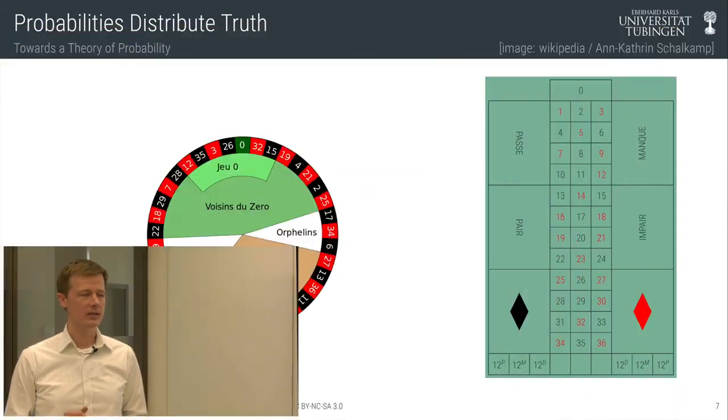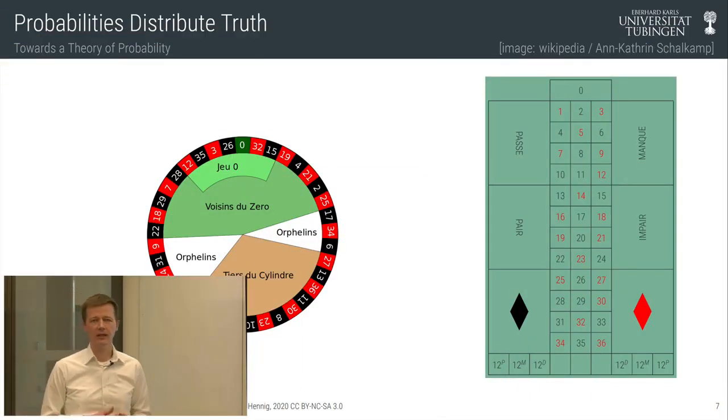Okay, now it's time to construct our formal system of reasoning using probabilities. And before I write down some axioms, let's look at an example that maybe gives an intuition for what we actually need. And that example is a roulette game. I'm sure everyone knows how roulette works.